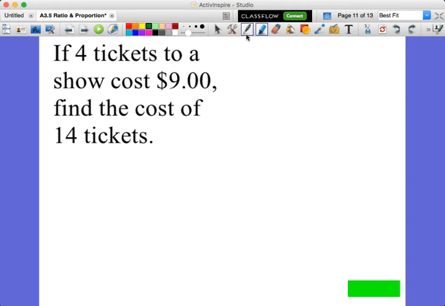In the real world, we have to write the proportion ourselves. 4 tickets, $9. Please label your proportions. 4 tickets over $9. Now, put your other information across from the right spot. It wants 14 tickets. So I know that goes on top. Cross multiply and divide because these numbers don't go together well.